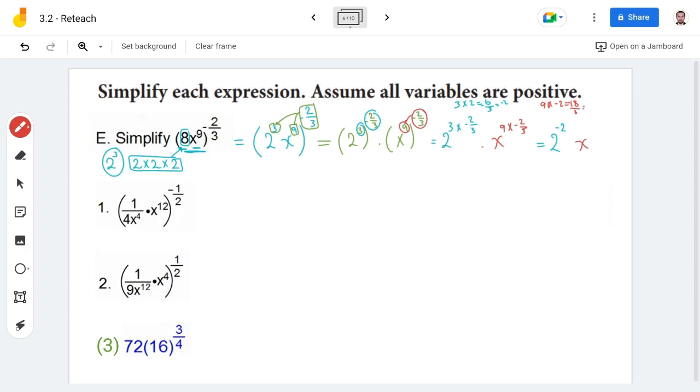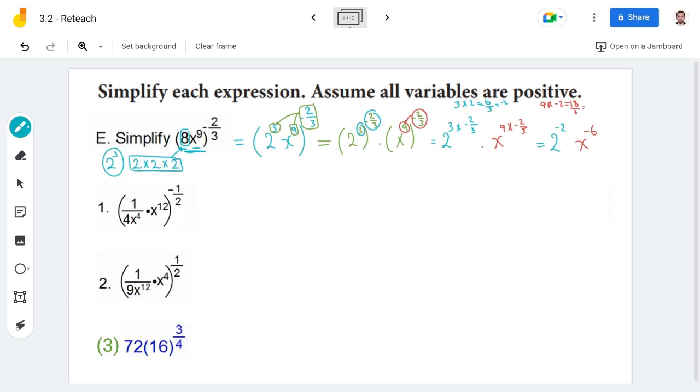Negative 18 divided by 3 is negative 6. So now we have 2 to the power of negative 2, x to the power of negative 6.